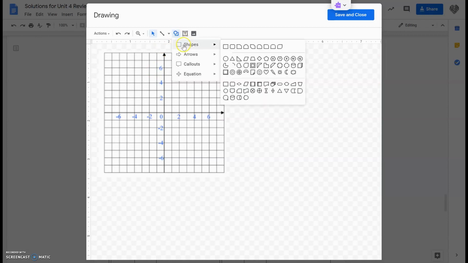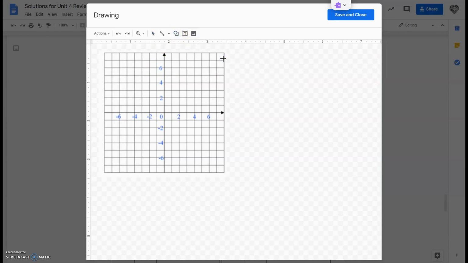So we'll get our circle here, and we'll go to -2. When we were at -2, the y value was 3. So we'll draw our first circle.